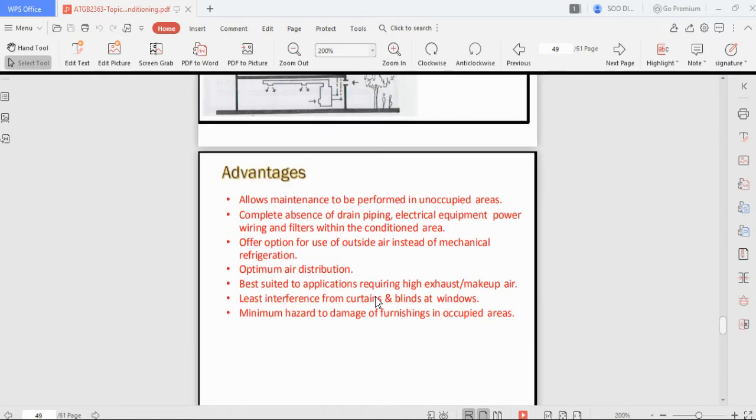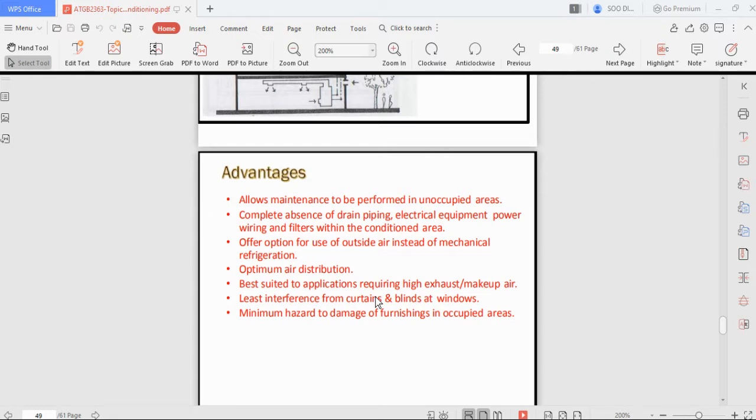So what are the advantages of having all this installation on the roof? You'll be able to do maintenance in an unoccupied area. Because you do not have any drain piping, because you're moving air, the electric equipment, power wiring, and filter are all within the conditioned area.